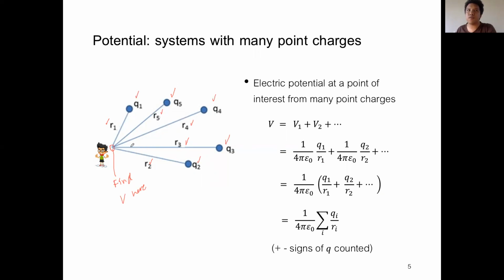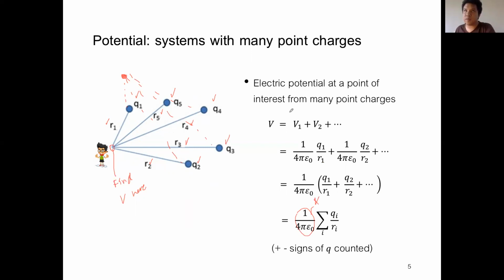If I'm interested in another point instead, we just draw the distances from all the charges and use the relationship: K times sigma Qi over Ri.